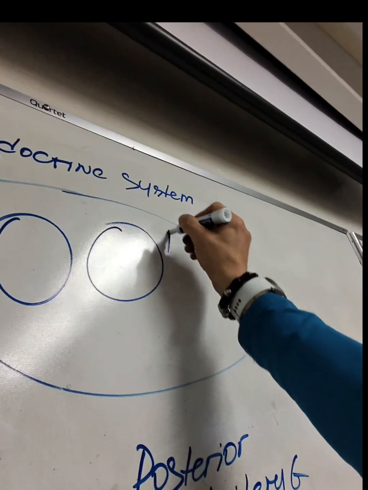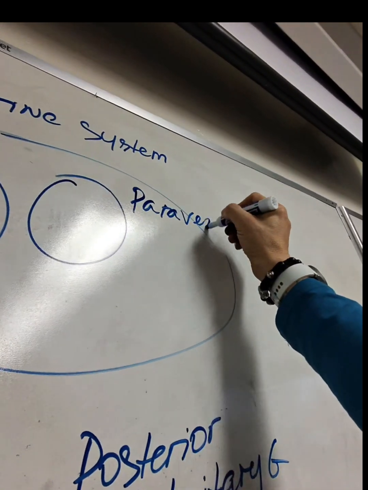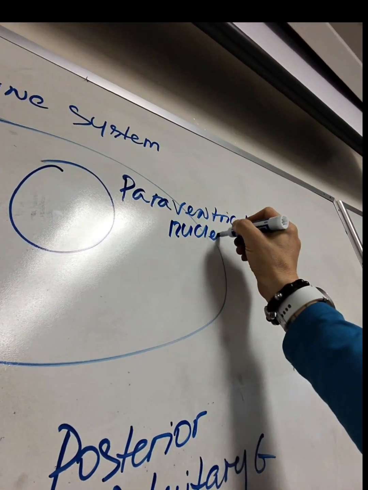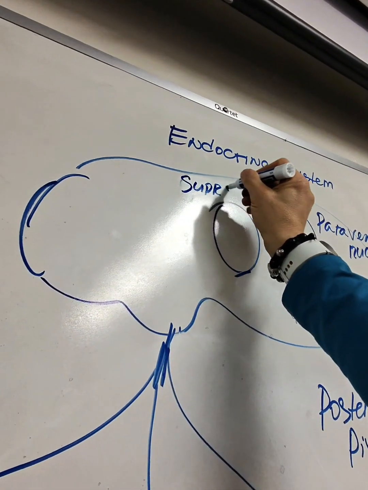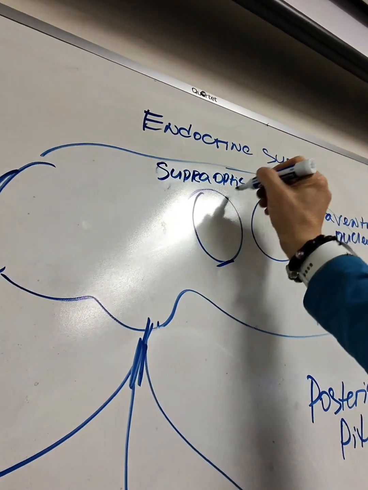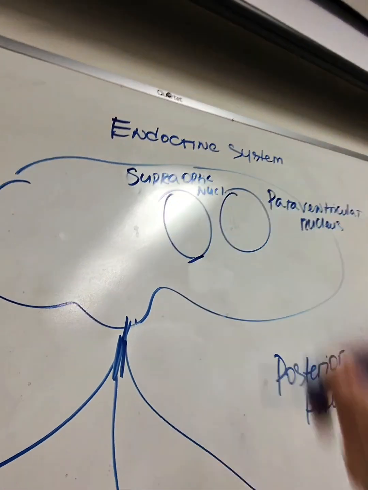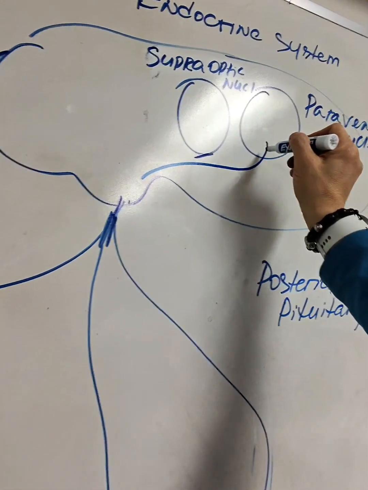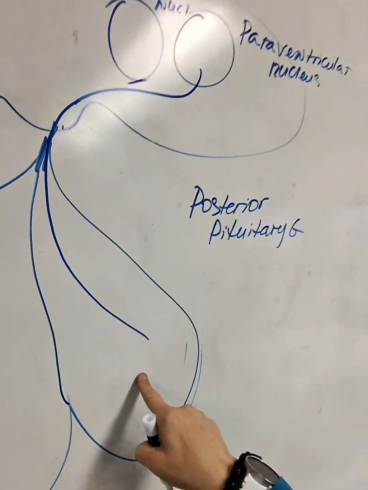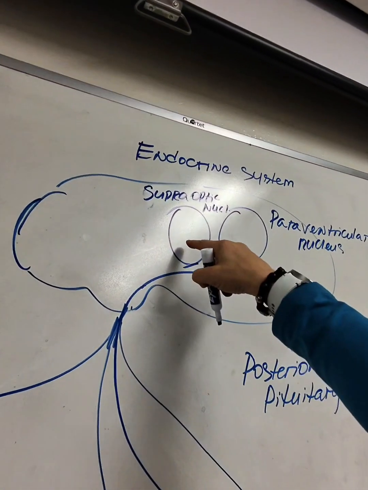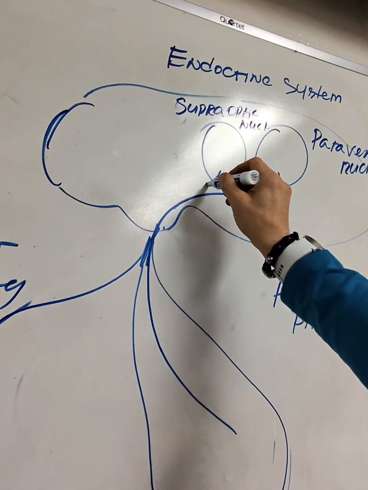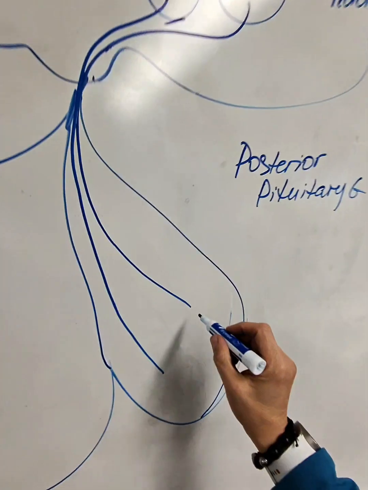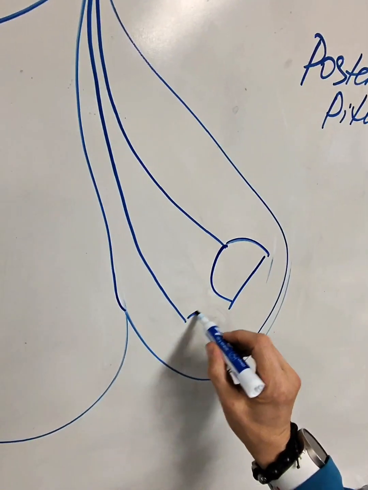This one is paraventricular nucleus, supraoptic nucleus. So the paraventricular nucleus has a direct axon, right? It goes right into the posterior pituitary gland. And with the supraoptic nucleus, there's also an axon that goes directly into the pituitary gland. At the end of the axon, we have axon terminals, like this.